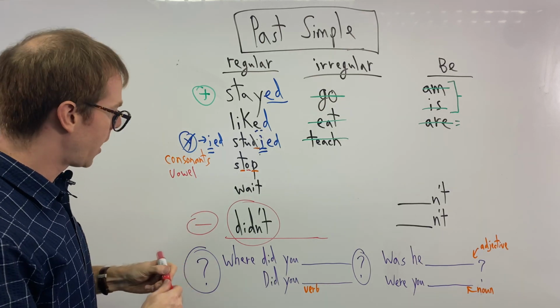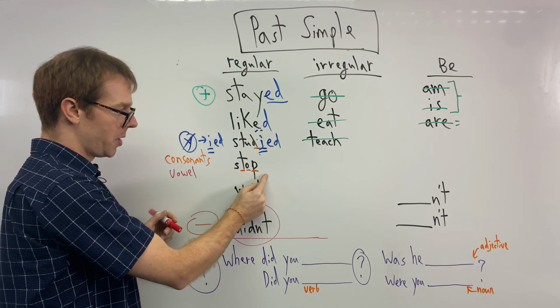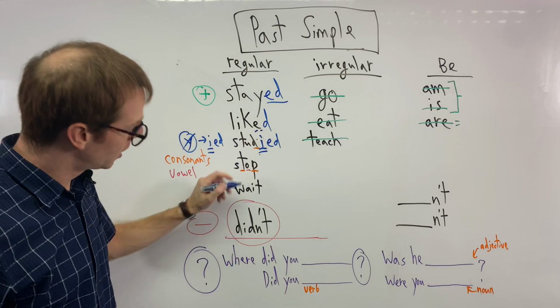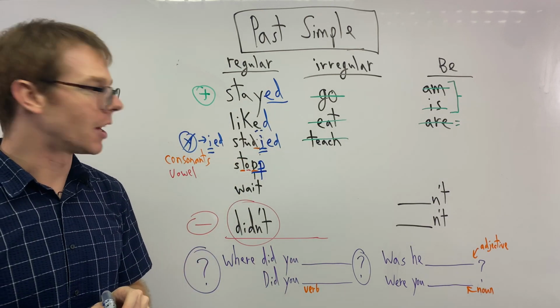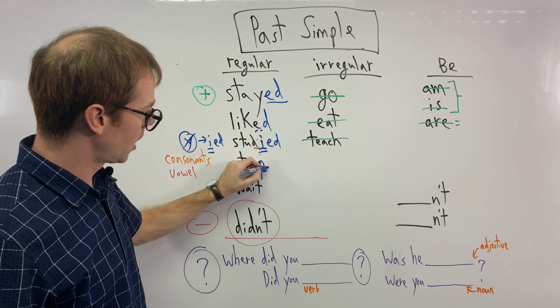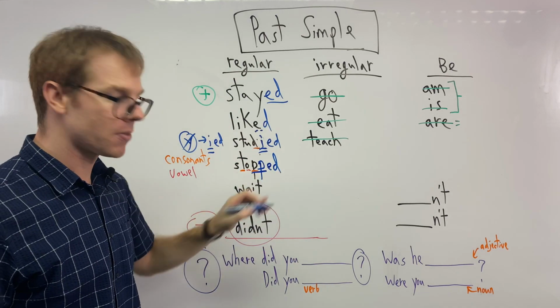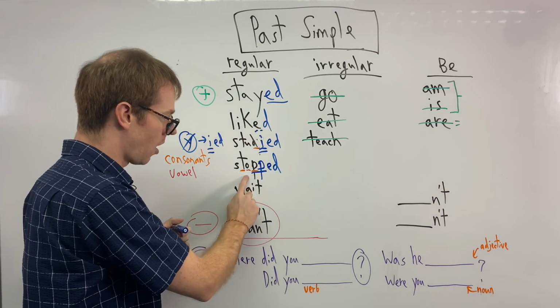If you have a consonant, vowel, consonant, T, O, P, for that kind of word, we have to add the P one more time. So studied and then stopped. We have to add the P one more time before we add the ED to help with the sound. So stopped.